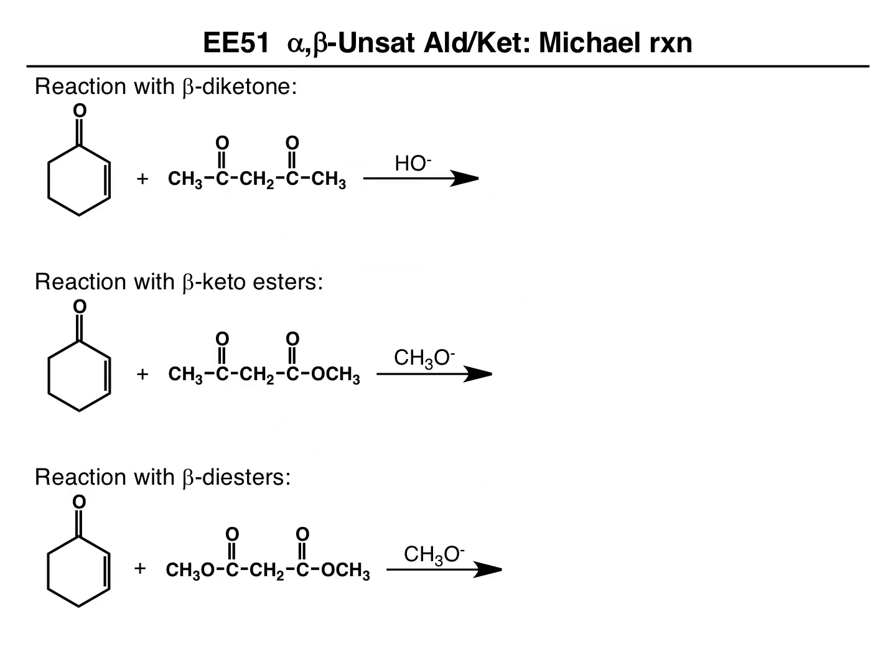Okay, so let's take a look at reactions of an alpha beta unsaturated ketone with a beta diketone, with a beta ketoester, or with a beta diester. I'm not going to go through all of the steps, but I encourage you to do so just to get more practice. But with our first example, if we combine these reagents together and we treat it with hydroxide, the hydroxide will grab off a proton here, generating the enolate, which will add to this carbon, pushing these electrons up onto the oxygen.